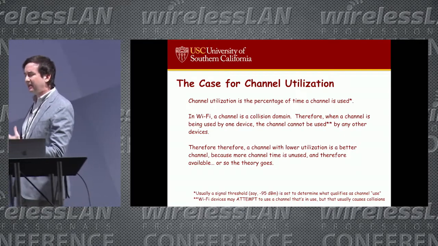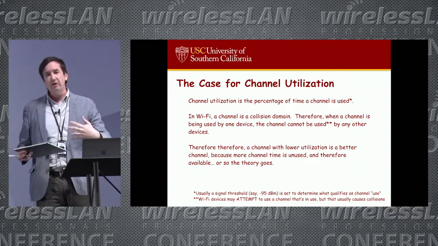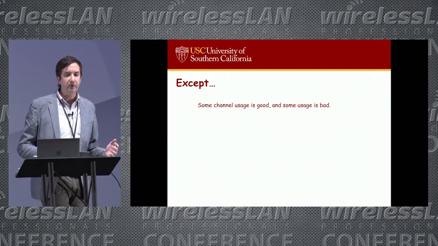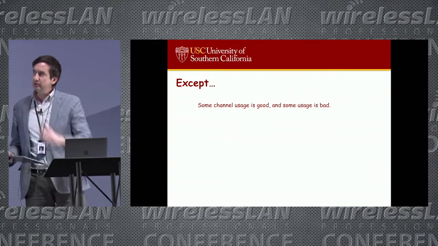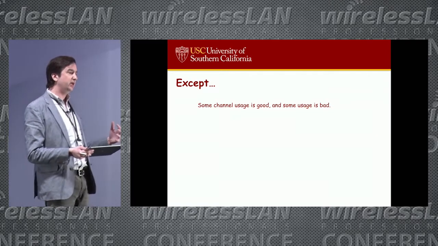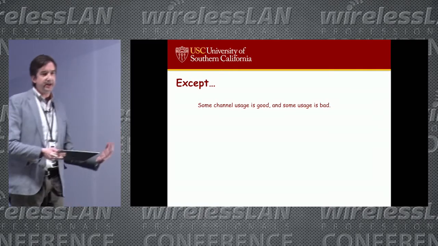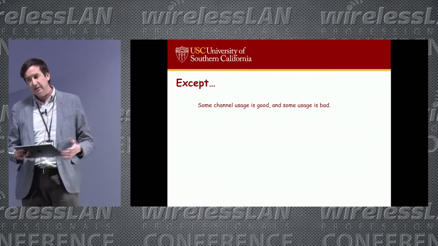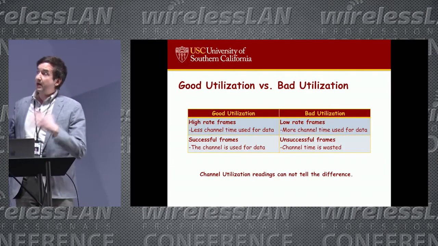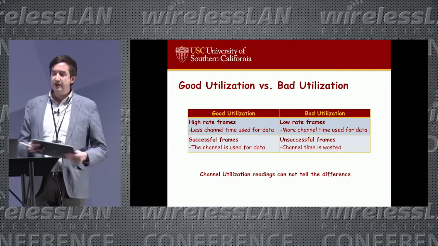And I find that it ignores a little bit about how Wi-Fi works, about how the 802.11 standard operates. One issue in looking at channel utilization is that some channel utilization is perfectly fine and good, and other channel utilization is not so good, is sort of bad.